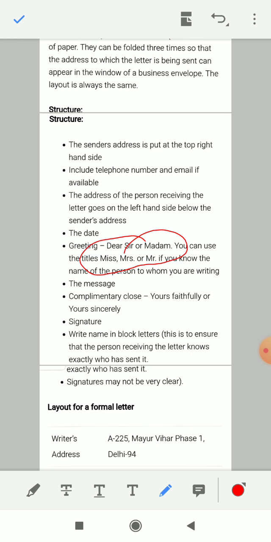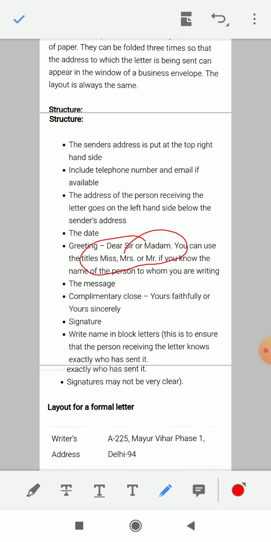Then the message, the subject of your letter. After the greeting comes the subject, and then the body, whatever content you are supposed to write in the letter. Then the complimentary close.